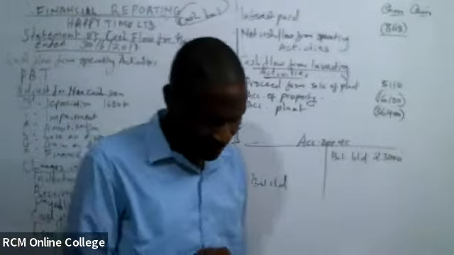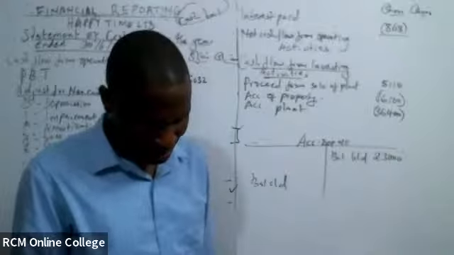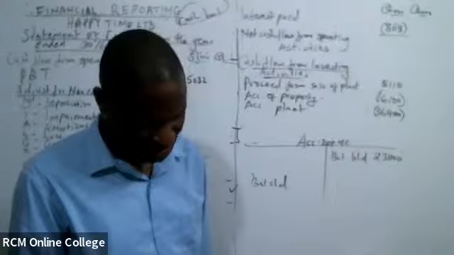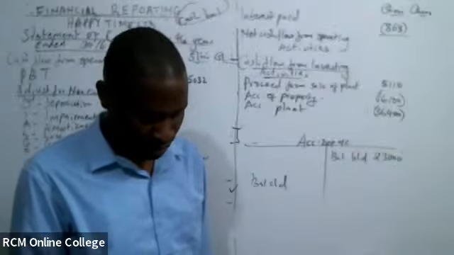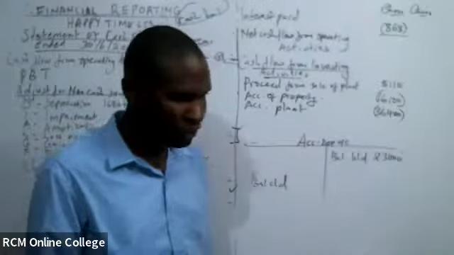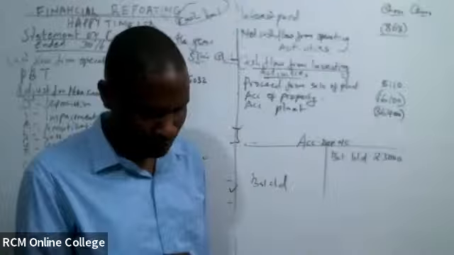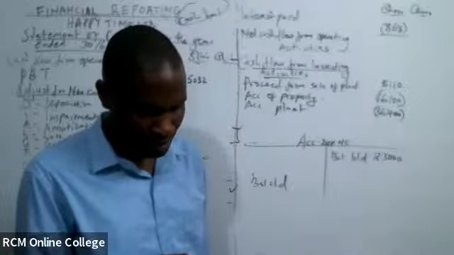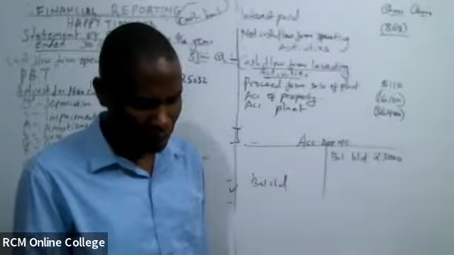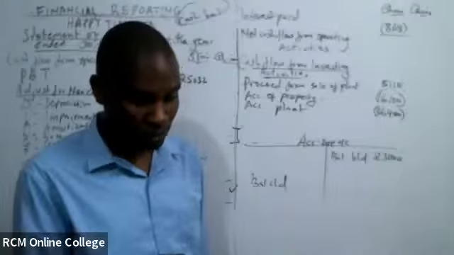If you take 75,600 minus 23,000, unapata ngapi? 25. Hapo unaona kama kuna kitu walimesa. Kwa hiyo nini? Ukichukua 51,800 minus 23,000 unapata ngapi? 51,800 is the total, the net book value ya plant.